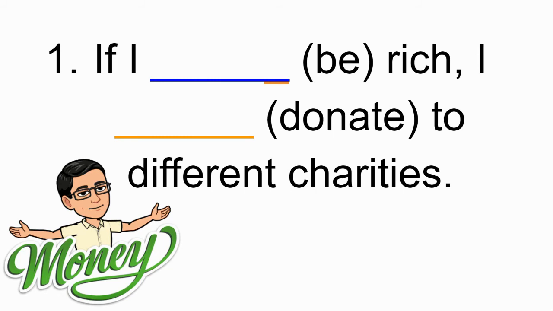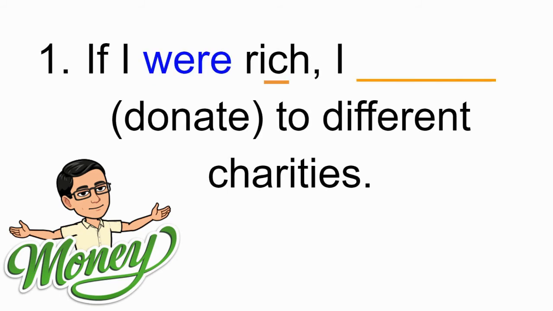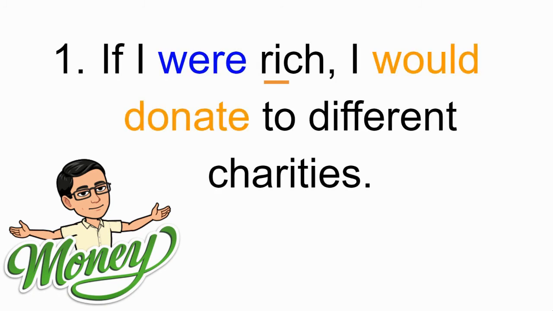The answer for the if clause is very good. Were. How about in the main clause? The answer is would donate. If I were rich, I would donate to different charities. Very good. Number 2.